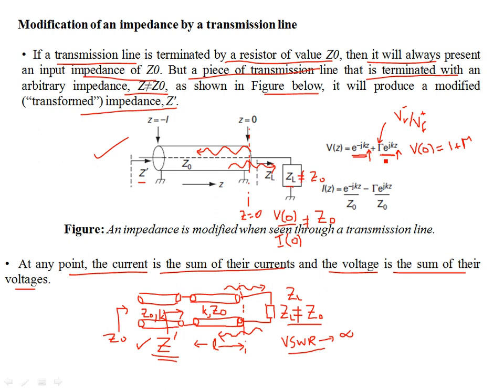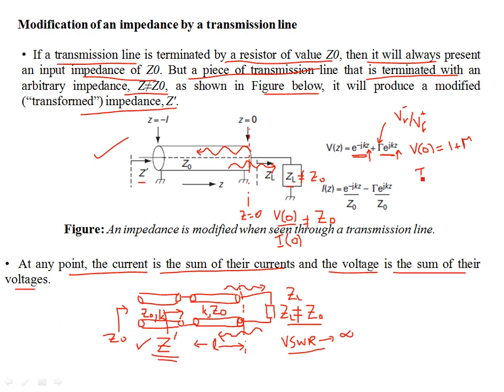If the magnitude of gamma is 0, which means there is no reflected wave, then it's only the positive traveling wave. VR is 0, so there is no reflection. But in case Z naught is not equal to ZL, you will have some reflection.